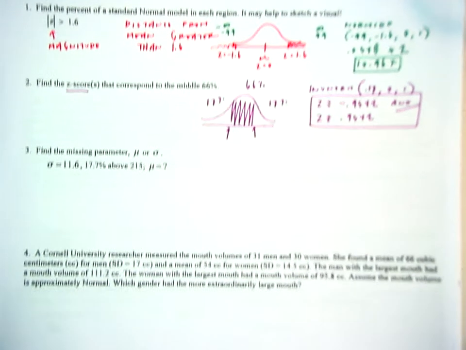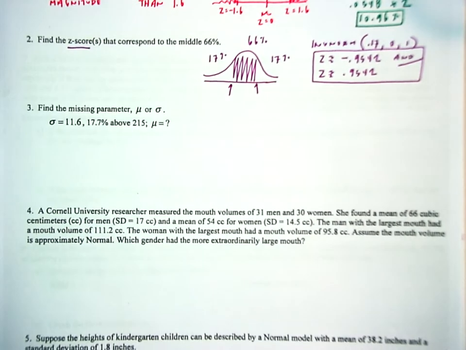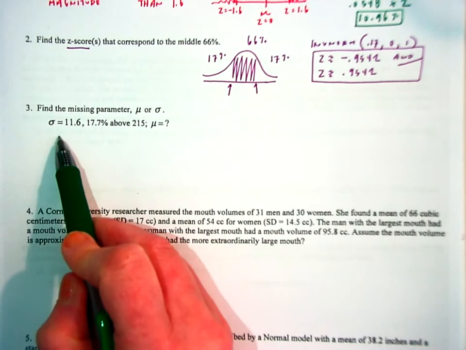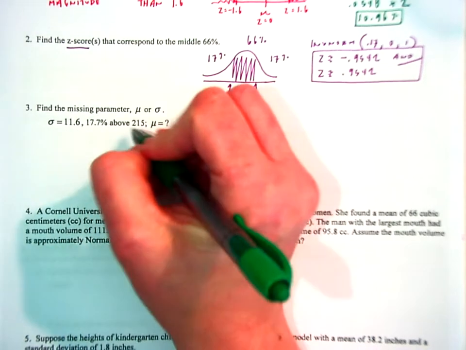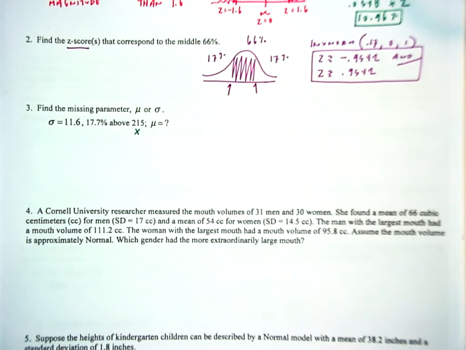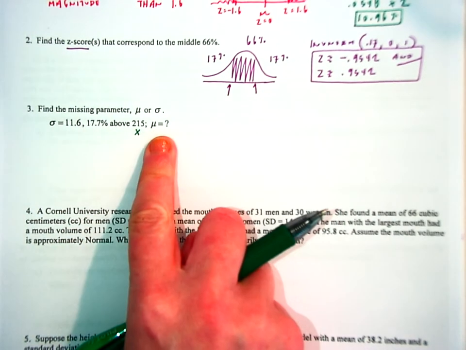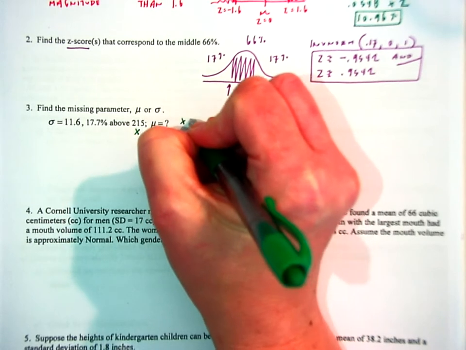Okay, slide it up. All right, find the missing parameter, the mean or the standard deviation. So here in this one, we are given our standard deviation. We're given the proportion that falls above this observation. So I'll write x next to that. We want the mean. So again, x, we know that that's 215.